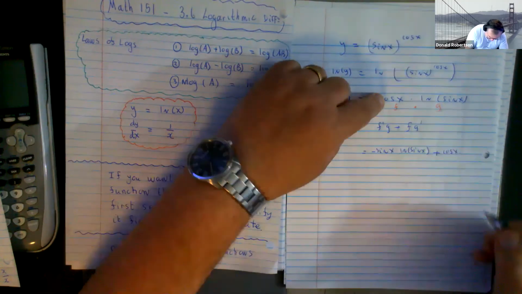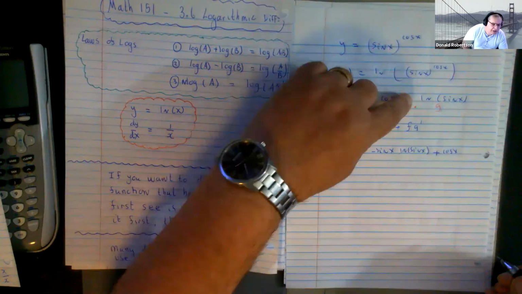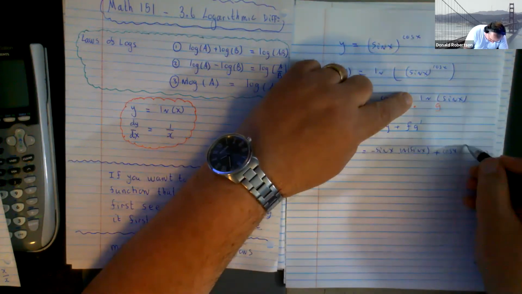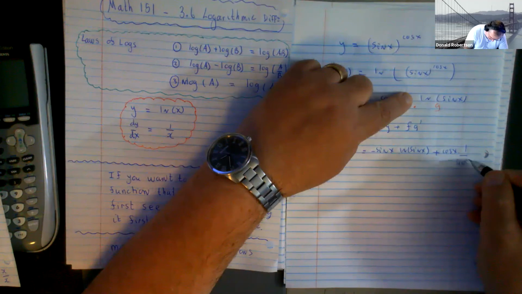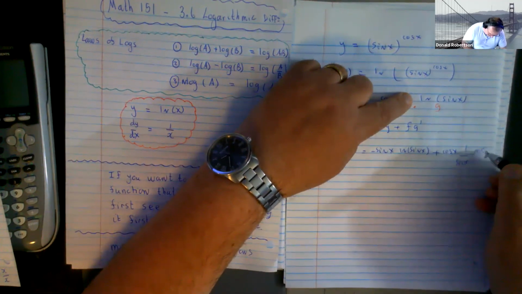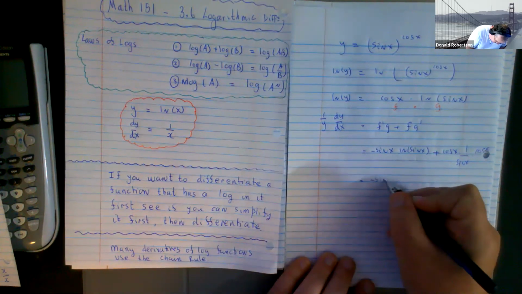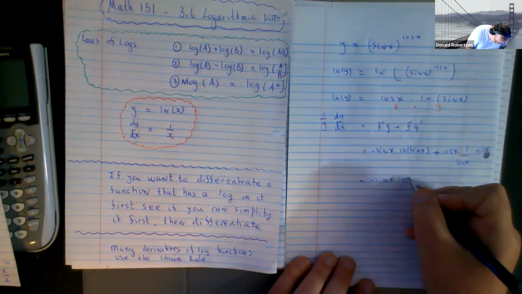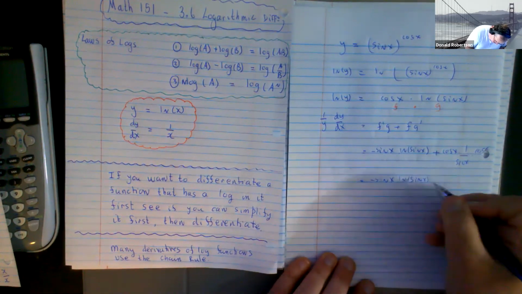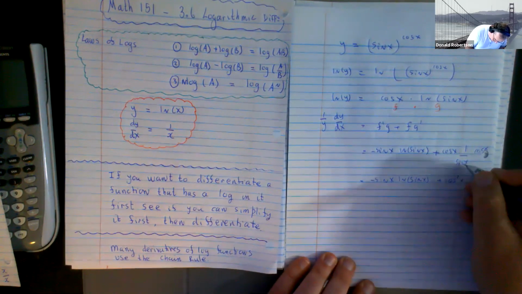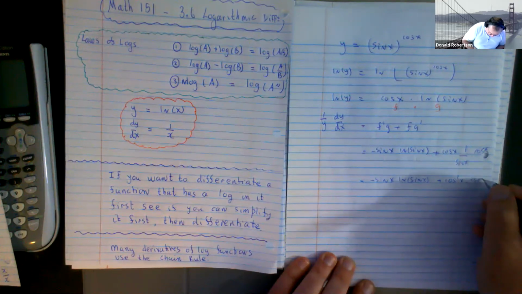And now you're going to differentiate the natural log of sine x. That's a chain rule, isn't it? You get 1 over sine x times the derivative of sine x. So I get negative sine x, the natural log of sine x, plus cos squared x. I'll call that cosecant x. That way it's not a fraction anymore.